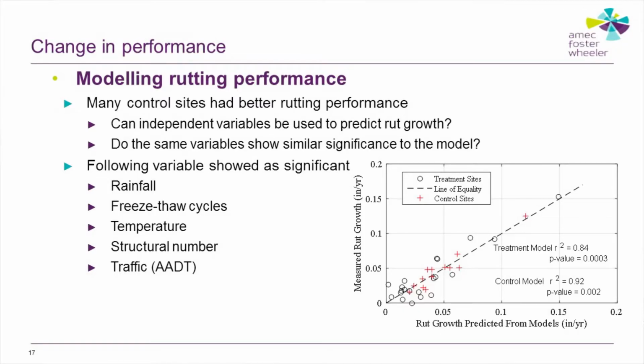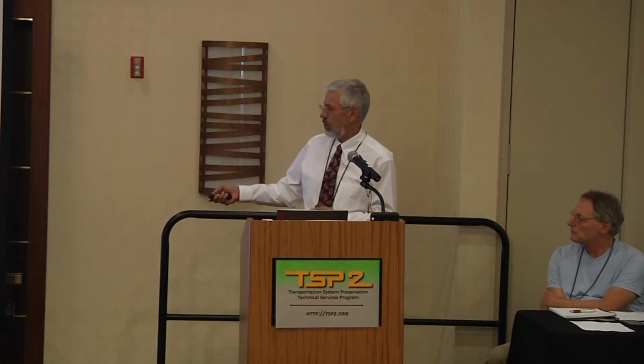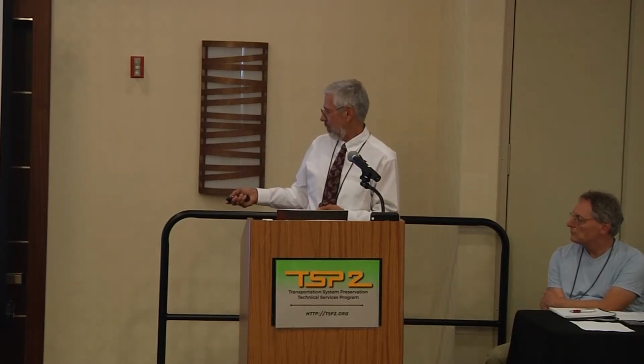I'll also point out that the red crosses are control sites. This happens to be LTPP data, so we did have control sections. Whereas the circles are sections that received the treatment, the thin AC overlay. And this is perhaps a little bit harder to see, but what we found is that for the control sections, the growth rate of rutting was higher than for the treatment sections.